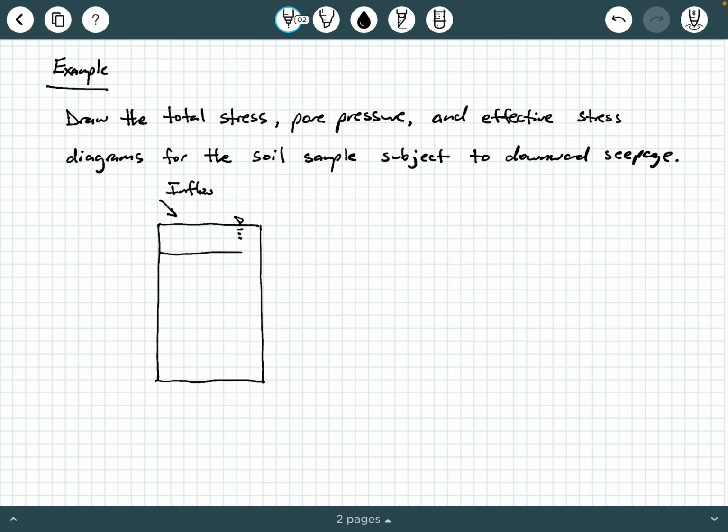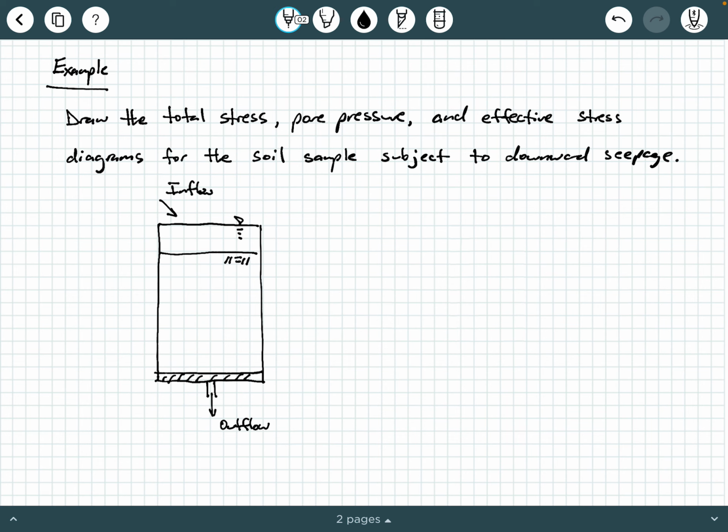And then a little bit below that, we're going to have our soil sample. And then at the bottom of our soil sample, we're going to have an outflow. And then as we've seen in the lab, we always have some kind of porous stone at the base of a sample, and usually also at the top of a sample.